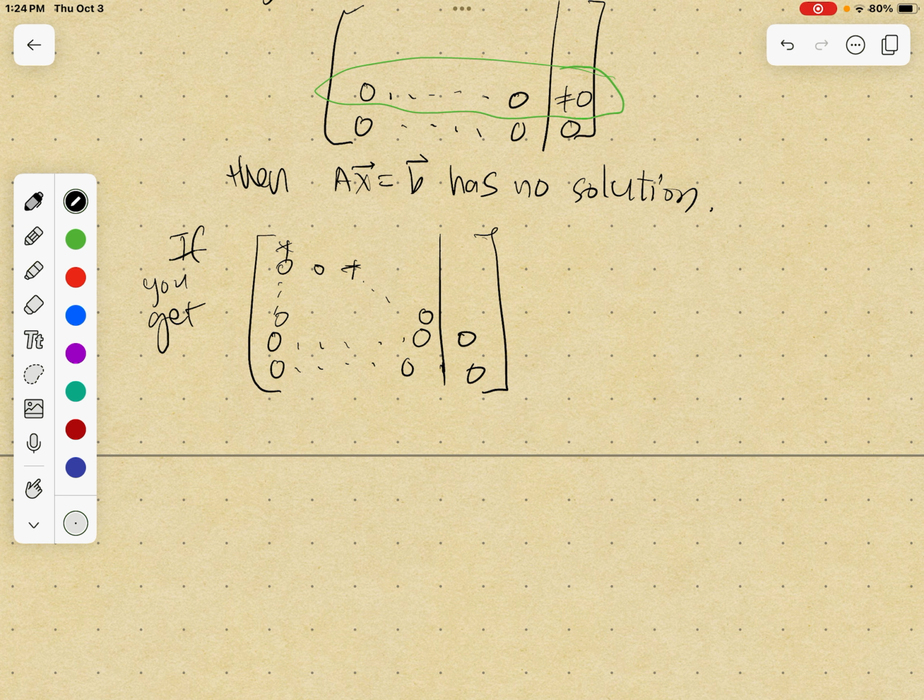Here's a separate row with the pivot, so these stars are your pivots, the first nonzero number of a row. With these zeros here, the system is consistent, so Ax equals b does have a solution.